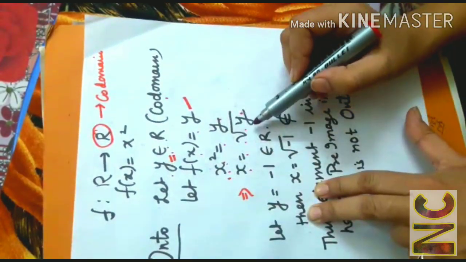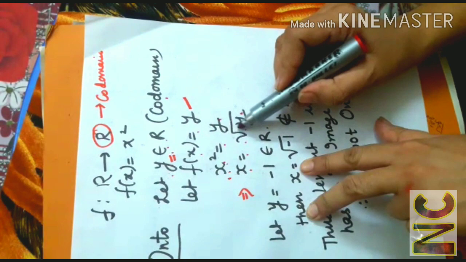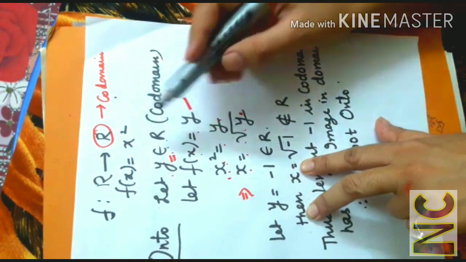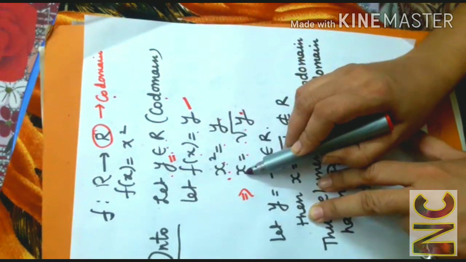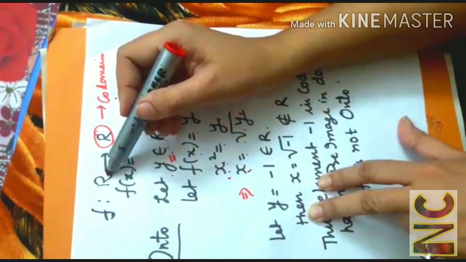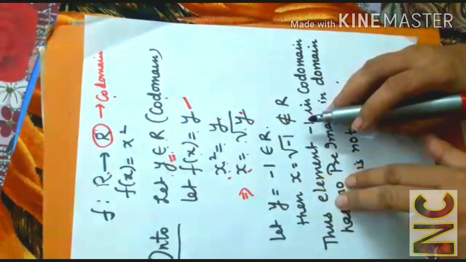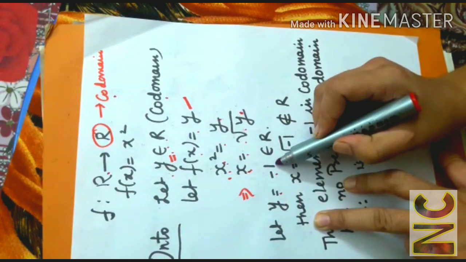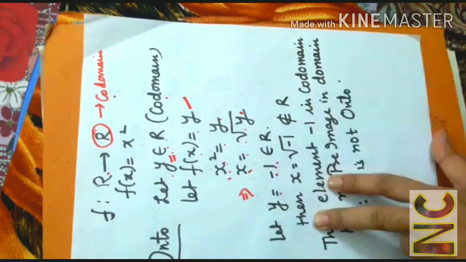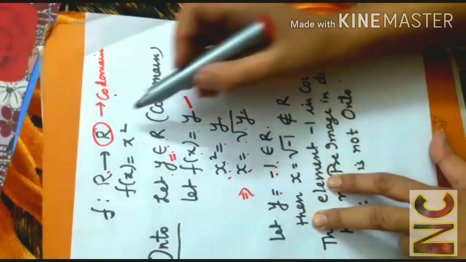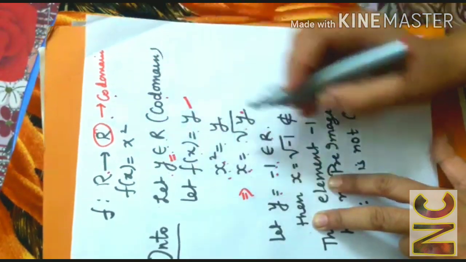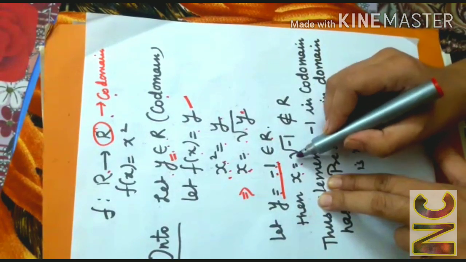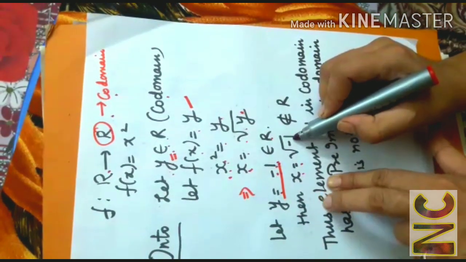Now I have to check whatever y I take in the codomain, will this x belong to the domain? Let us check. If I take y to be negative 1, negative 1 is a real number, so definitely it belongs to the codomain. Corresponding to this y, x will be equal to square root of minus 1.